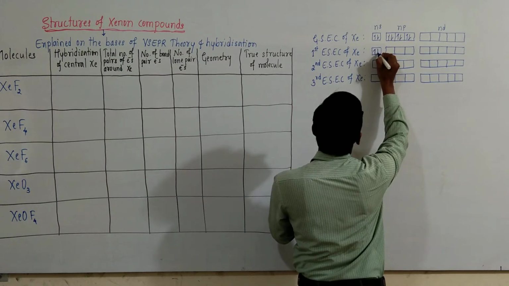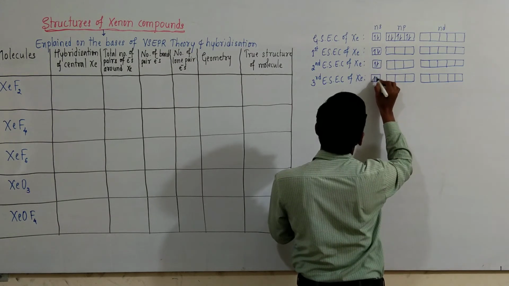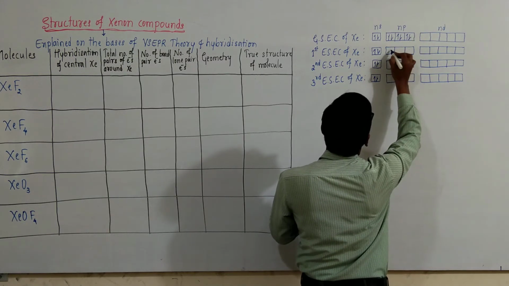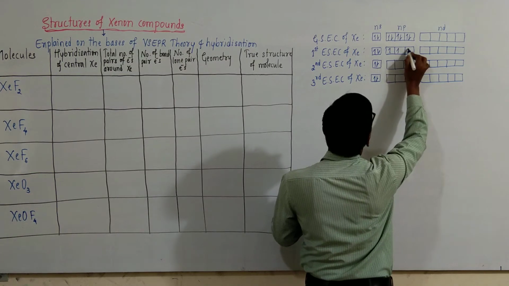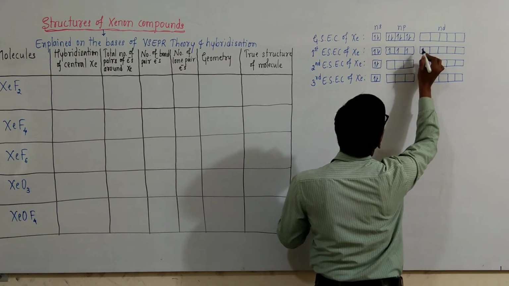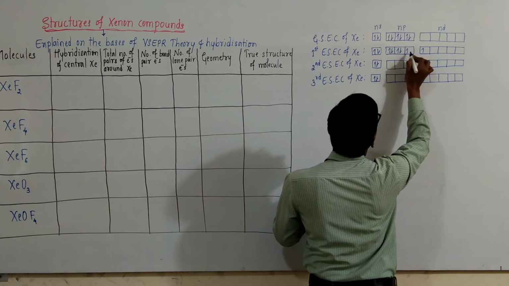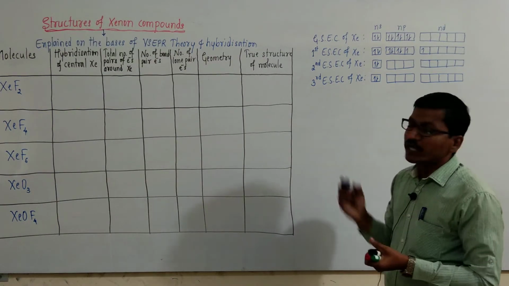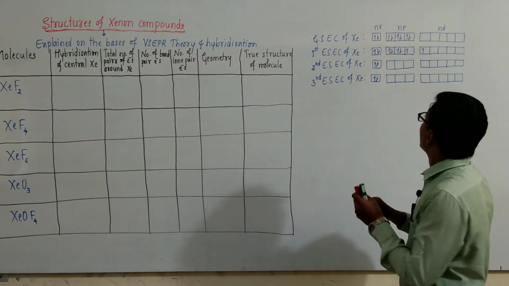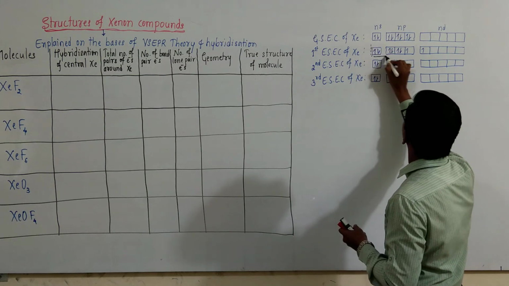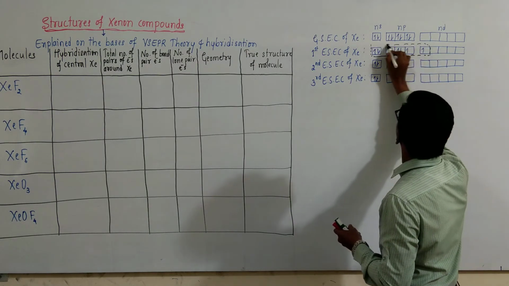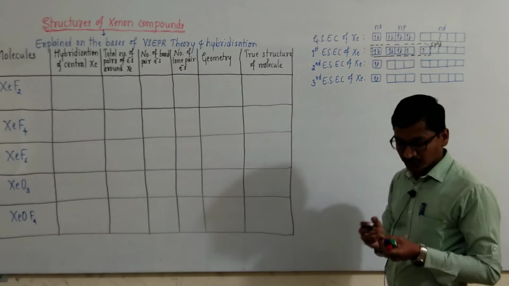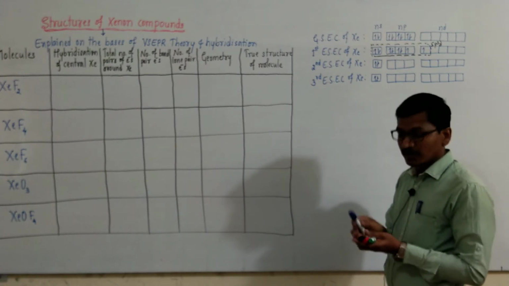In the first excited state, one of the paired electrons in p orbital is shifted to the vacant d orbital, and it forms two unpaired electrons, and these bond with fluoride ion, and it forms sp3d hybridization. This is the first excited state electronic configuration.